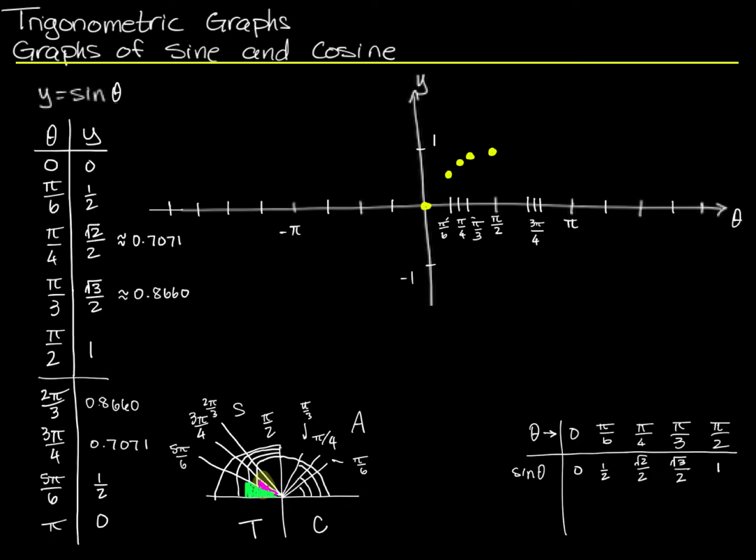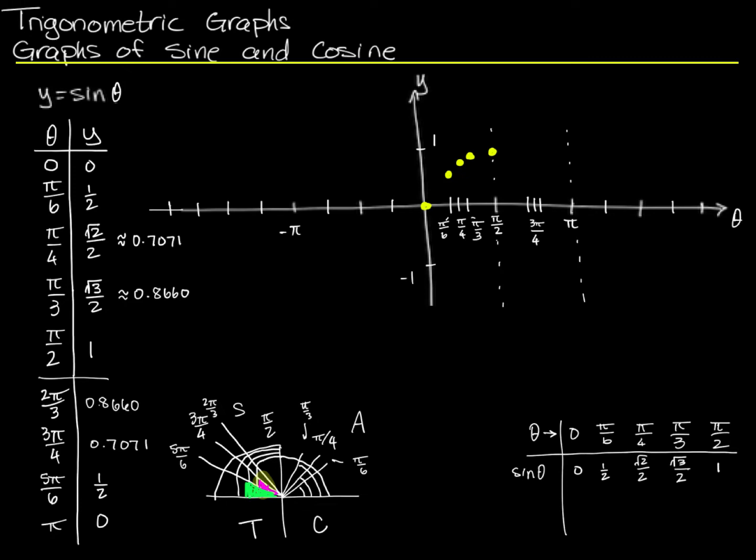If I go from 0 to pi over 2 in this circular representation of angles, that corresponds on my new graph to between 0 and pi over 2. Then I'm going to go from pi over 2 to pi, so that takes me from pi over 2 in the theta direction to pi.